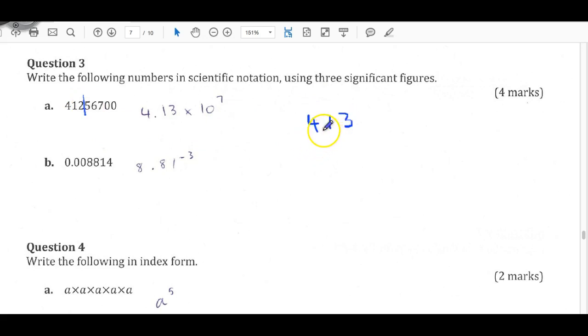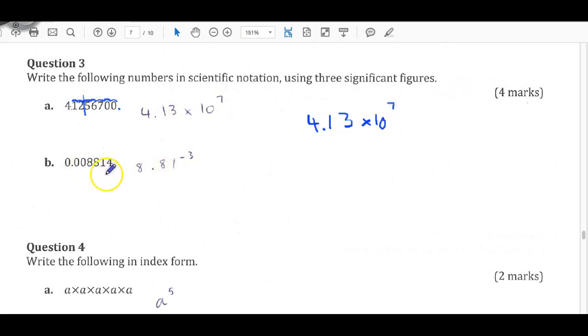We write scientific notation with just one number and then a decimal. So there we've got 3 significant figures. Then we see how many places the decimal has moved. It's moved from here up to here. So we've got 1, 2, 3, 4, 5, 6, 7. So it's 10 to the power of 7.